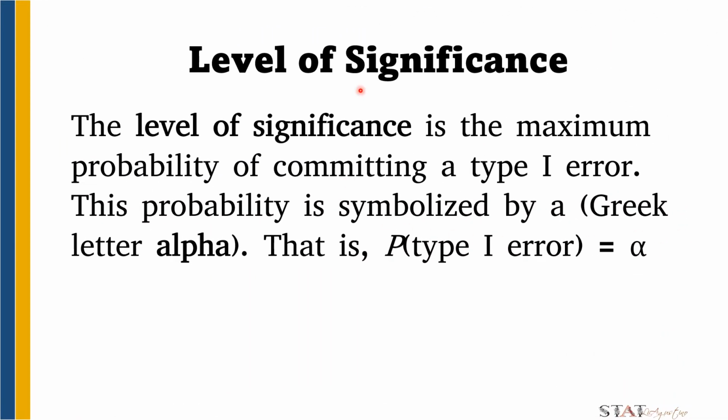What is this level of significance? The level of significance is the maximum probability of committing a type 1 error. This probability is symbolized by the Greek letter alpha. That is, the probability of type 1 error is equal to alpha.